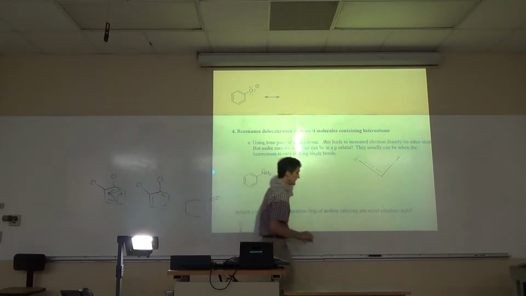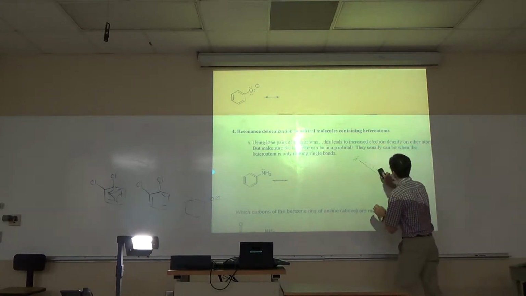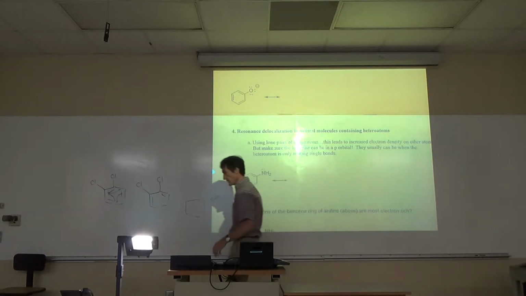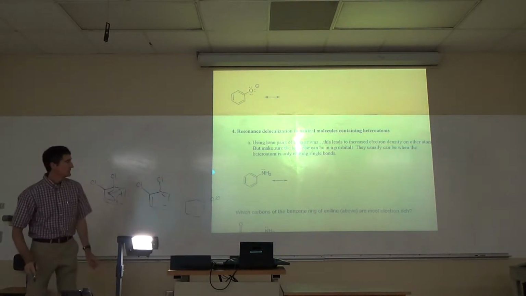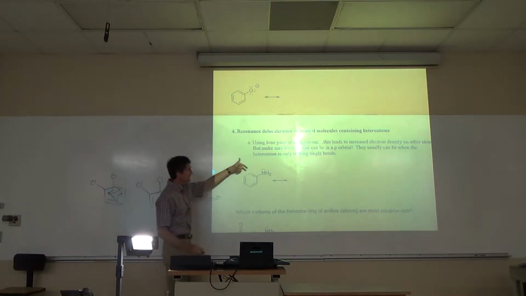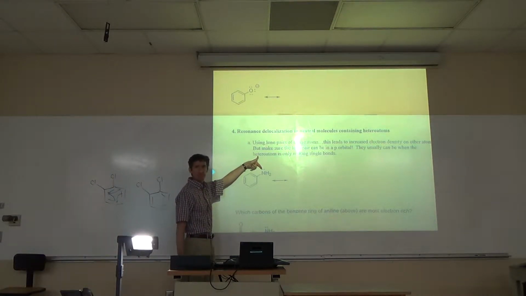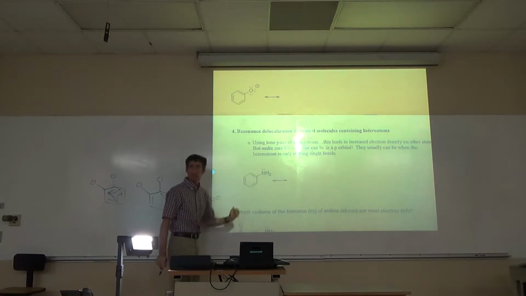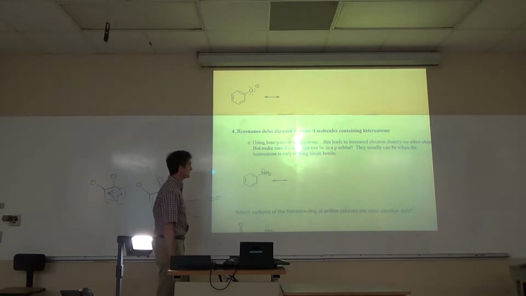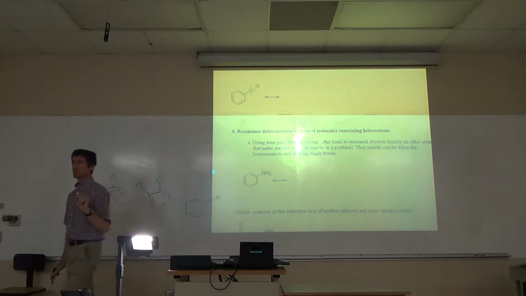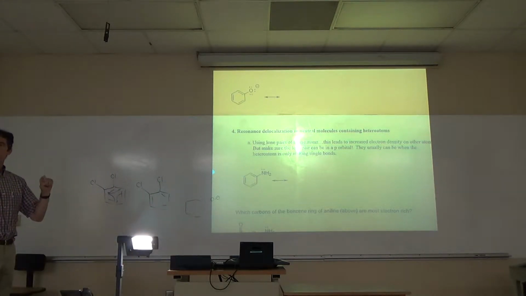Can you do resonance structures down here? Is this lone pair conjugated? What type of orbital is in it? P orbital. Anytime a lone pair is next to a p orbital, only be in a p orbital? What do we say about a lone pair being conjugated? Great place to start in drawing your resonance.